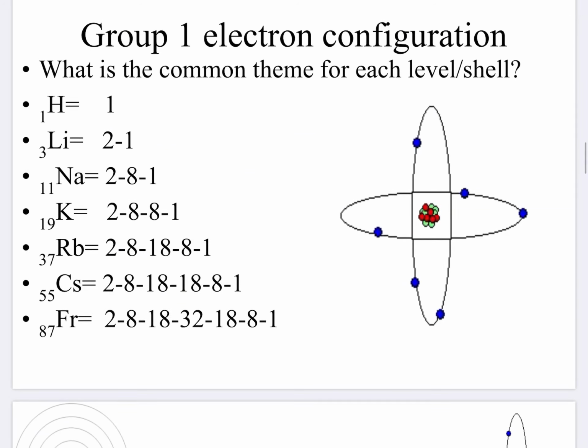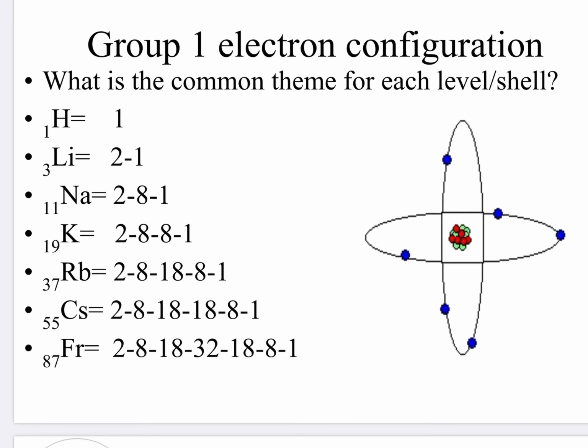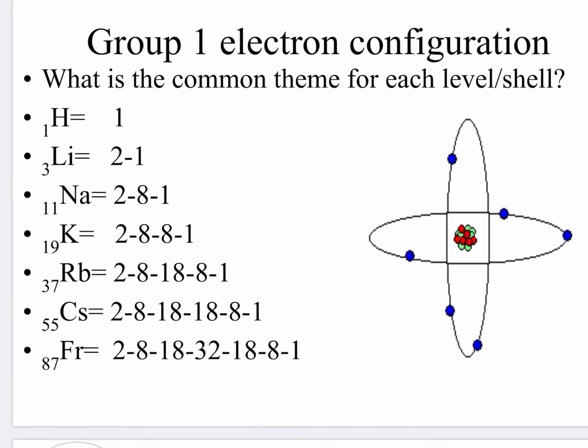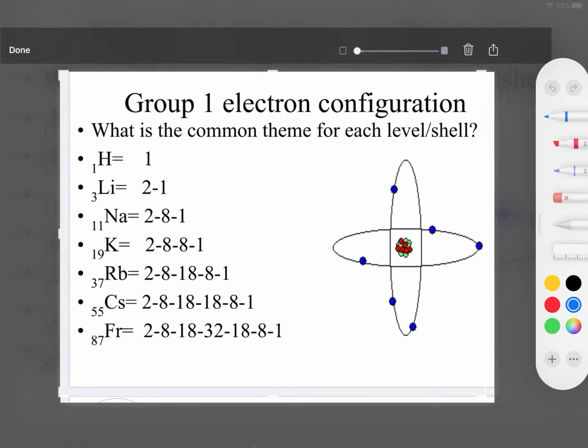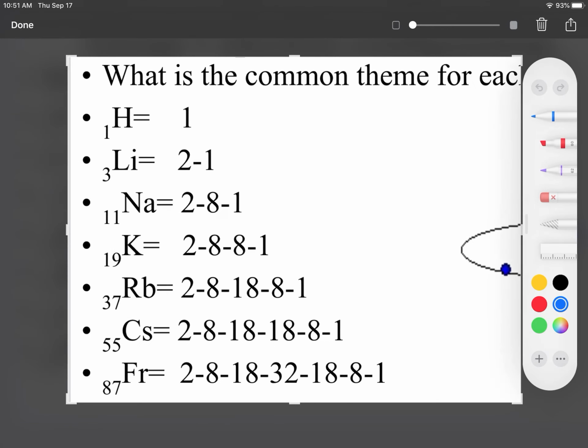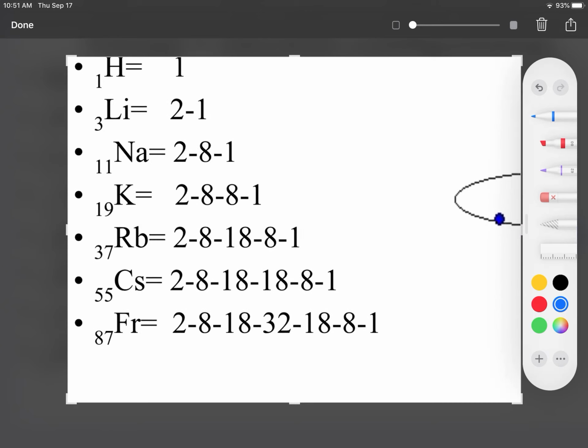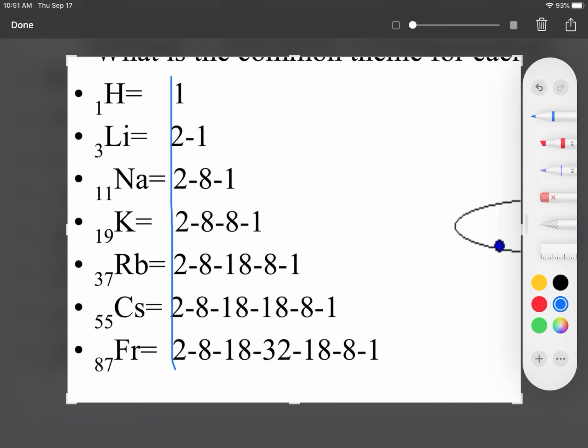All right. The question says, group 1, what is the common theme for each level or shell? Well, if you look over here, what is the maximum number of electrons that the first level or shell can hold? The first level of shell is simply the first set of numbers.